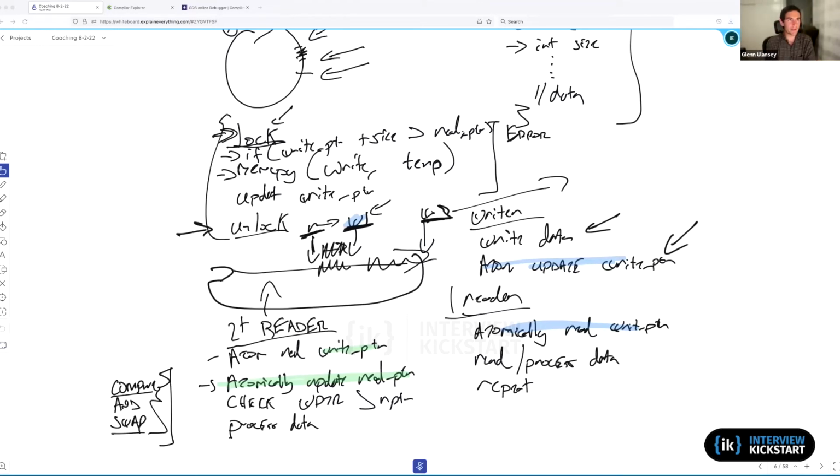I implemented at one point in the past a producer-consumer system. It was for sensor samples, so accelerometer, gyro, magnetometer, those sorts of samples. You had all these different sensors producing data potentially simultaneously, and I wanted the data to ultimately be read in the correct order.